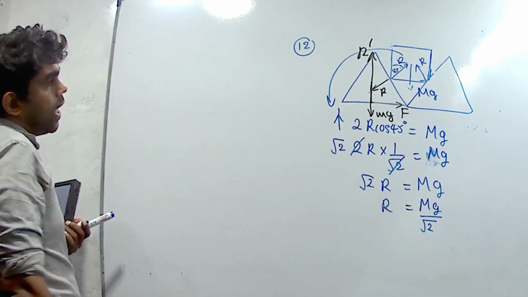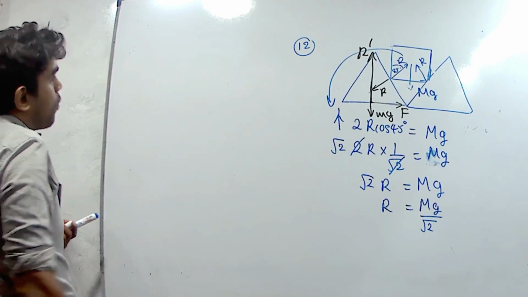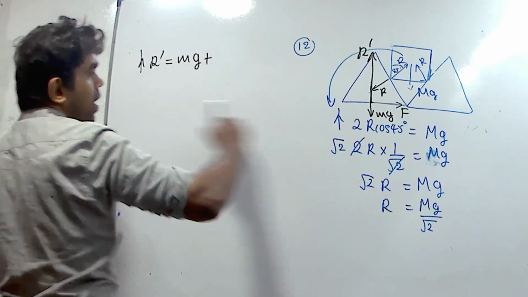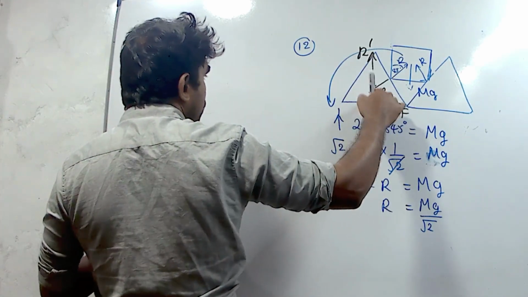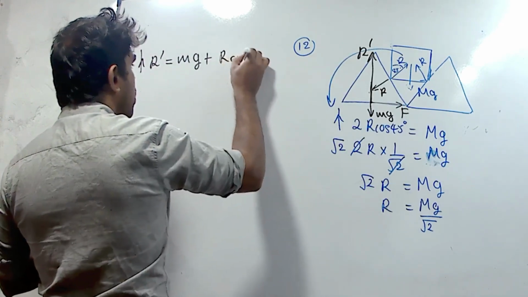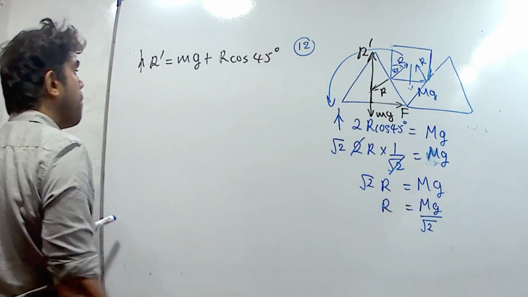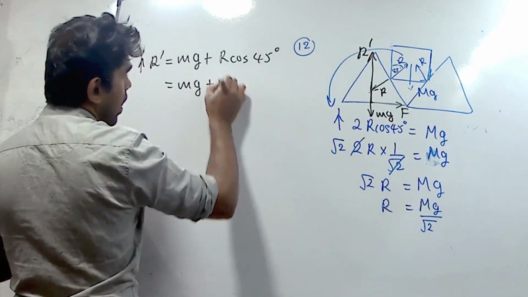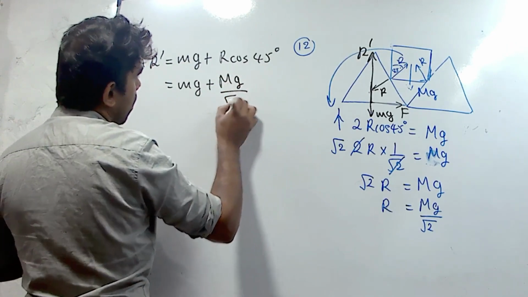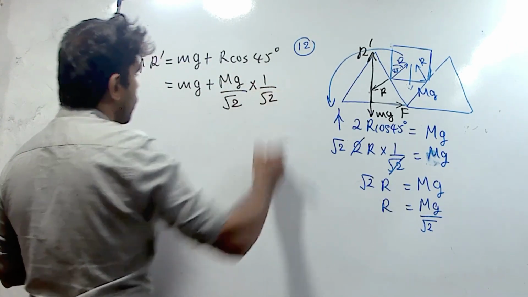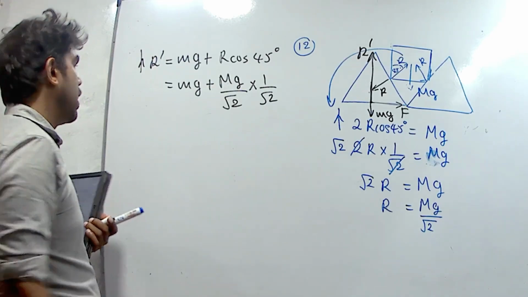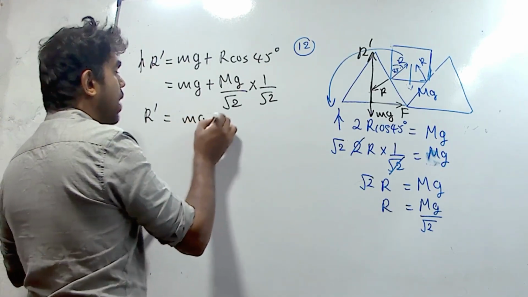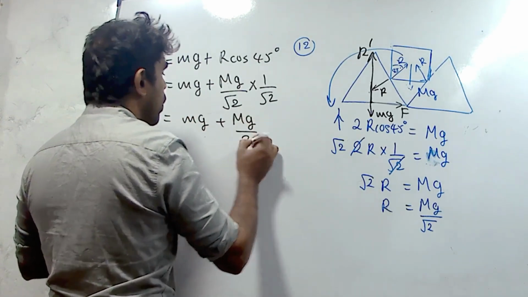In vertical equilibrium of the wedge, upward force R dash equals downward force mg plus the cos component of this, R cos 45. mg plus R value is this one, Mg over root 2 multiplied by cos 45, 1 over root 2. Then the reaction is mg plus Mg over 2, root 2 into root 2, 2.